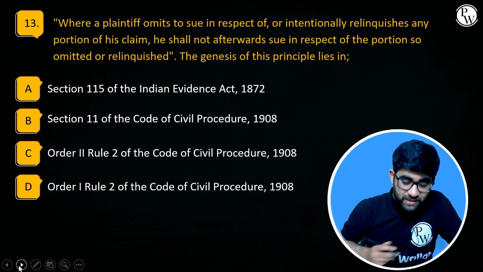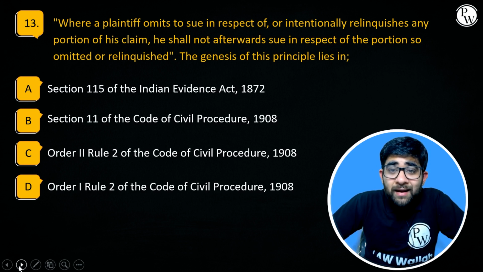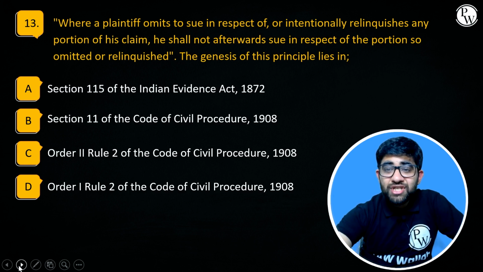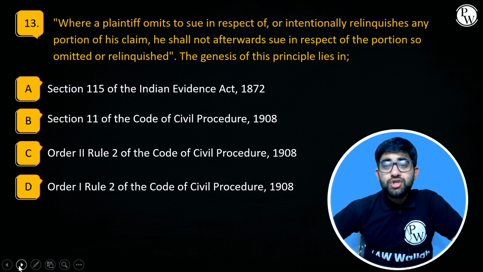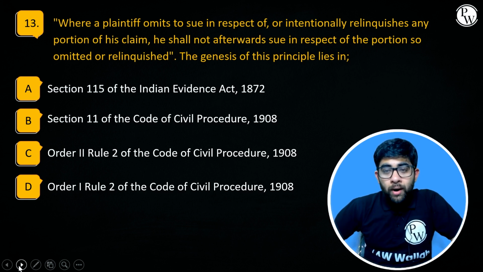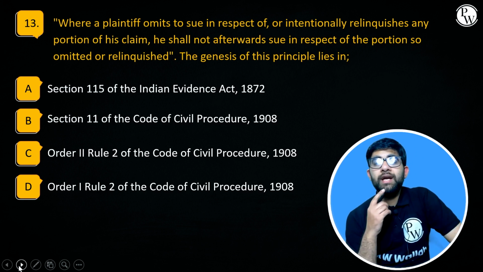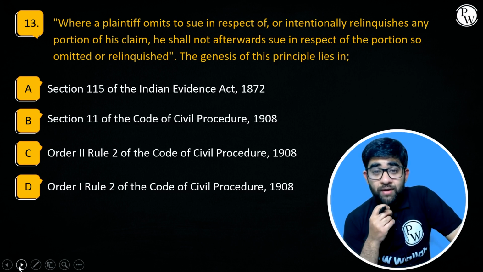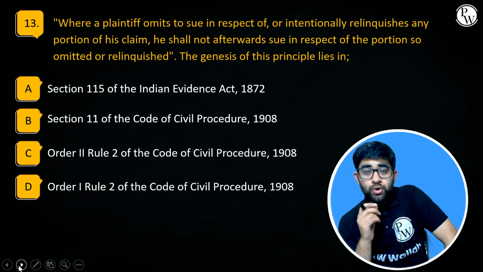Next, where a plaintiff omits to sue in respect of or intentionally relinquishes any portion of his claim, he shall not afterwards sue in respect of the portion so omitted or relinquished. The genesis of this principle lies in Section 15 of the Indian Evidence Act, Section 11 of the Code of Civil Procedure 1908, Order 2 Rule 2 of CPC, Order 1 Rule 2 of CPC.